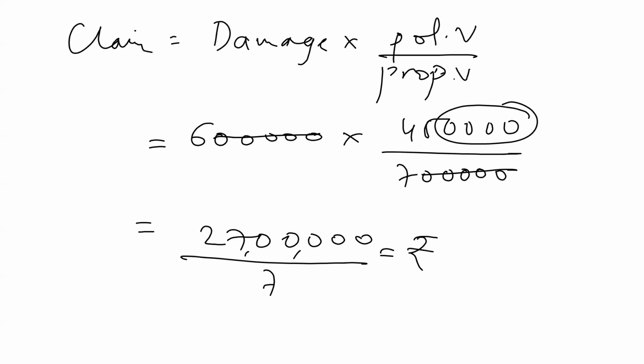So 270 4 times 0 divided by 7 will give you 385,714.285. So I'll just write 29. So the answer is 385,714.29. 0.285, I'm just writing it as 29. So that's the claim.